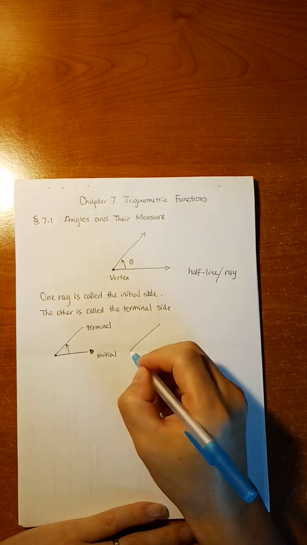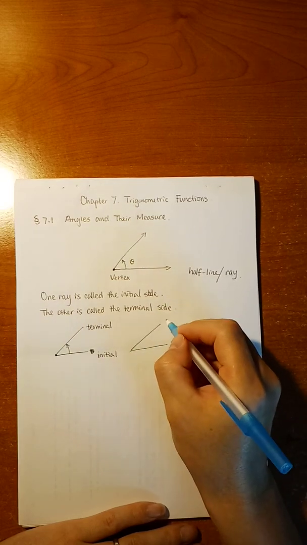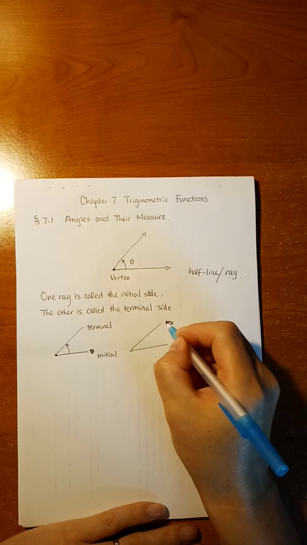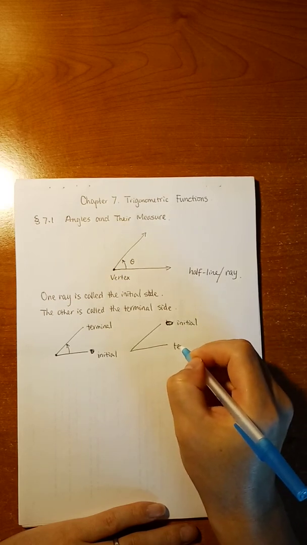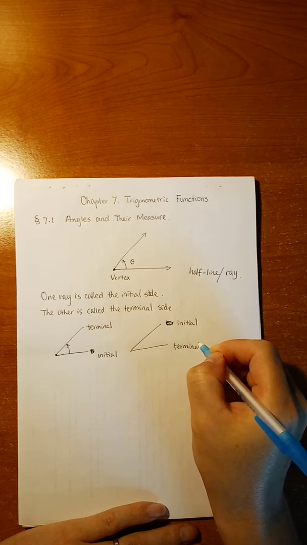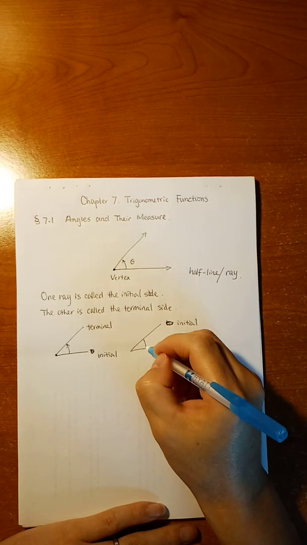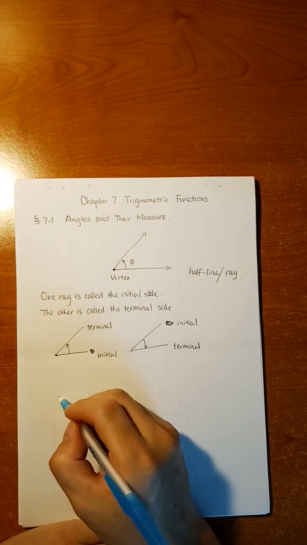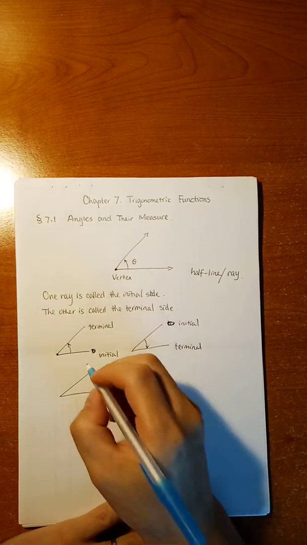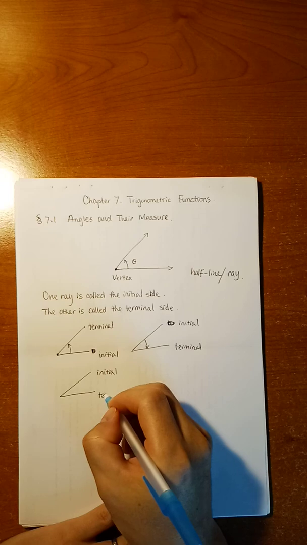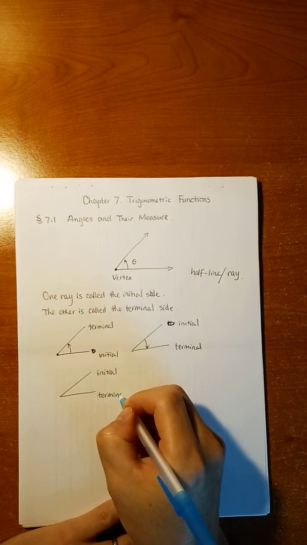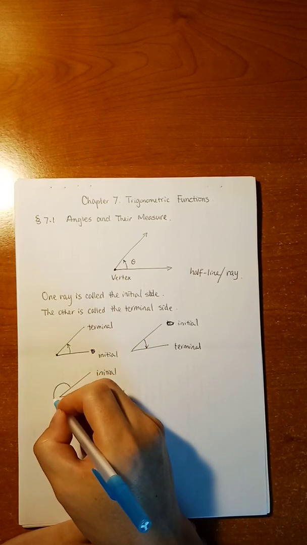Or you consider this one as initial, and this one is terminal. It's up to you so far. There's no requirement. Or maybe you have initial and terminal, but you consider this one.